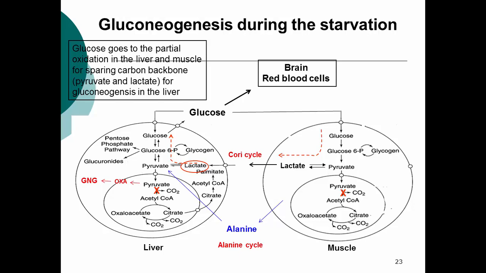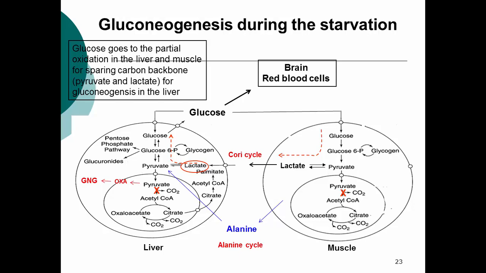For the Cori cycle, lactate is released from muscle or from red blood cells. Then lactate can be taken up by the liver for making glucose. This is the Cori cycle.